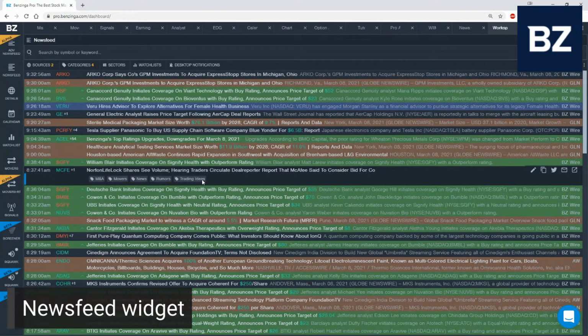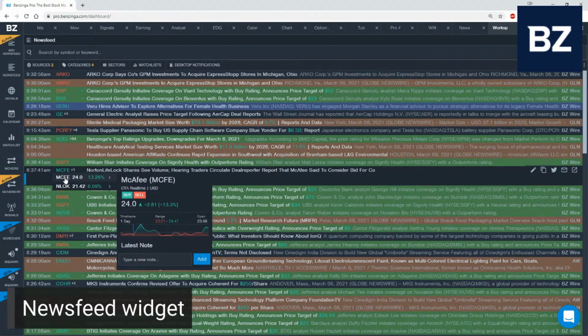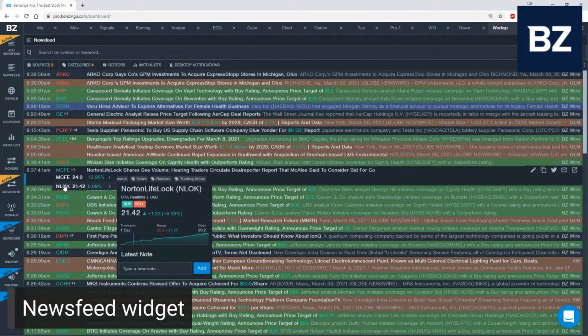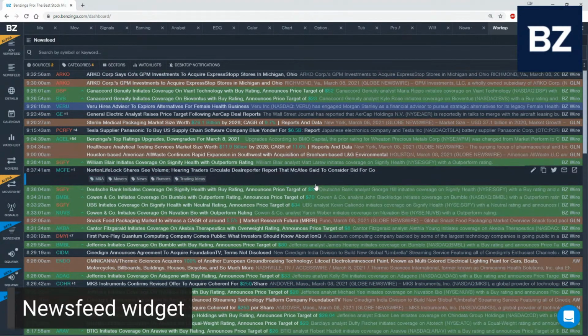Number 1 is see volume. Shares see volume. If you're a day trader, you care about volume, pretty much no matter what. However, the second part here is very important. Traders circulate. When we're talking about rumors, you have to understand the type of rumor.